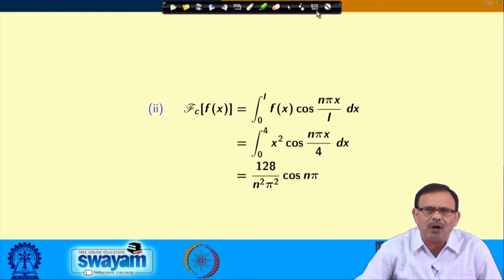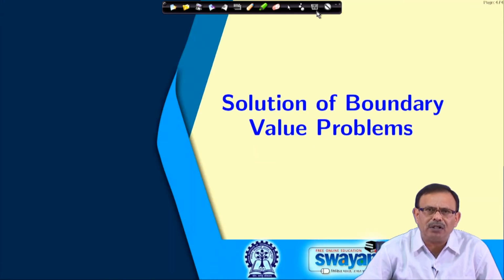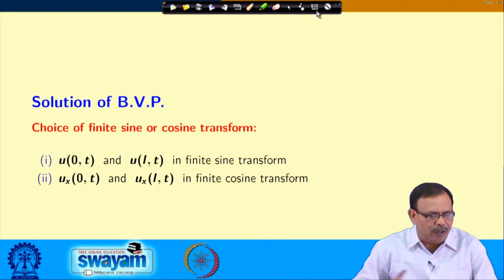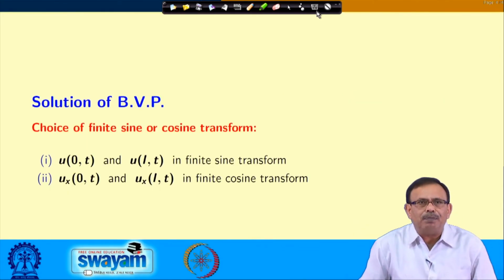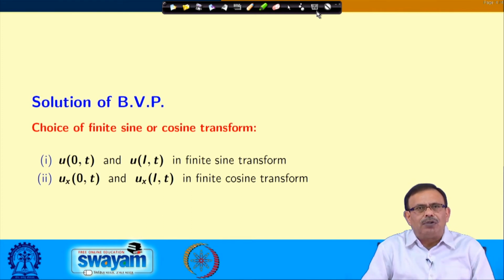Now, we will not go for more examples; we are going directly to the solution of boundary value problems using finite Fourier transform. Please note one thing: for the solution of a boundary value problem using finite Fourier sine or cosine transform, which one I have to choose depends on certain criteria.